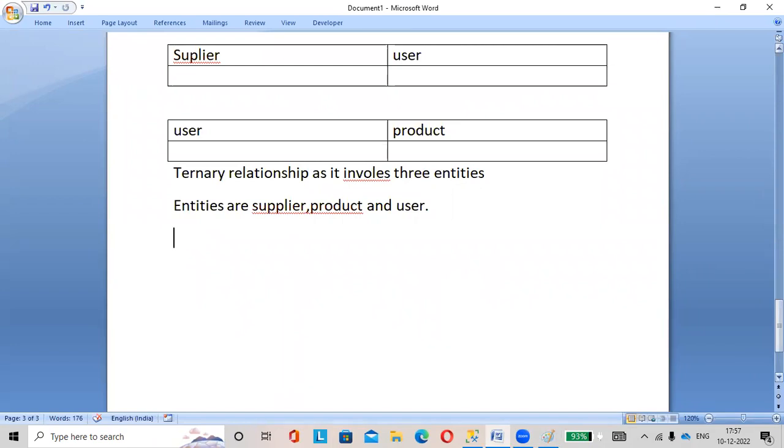Just create a table. Create table, table name is class.